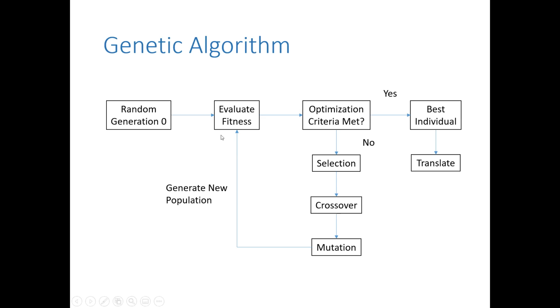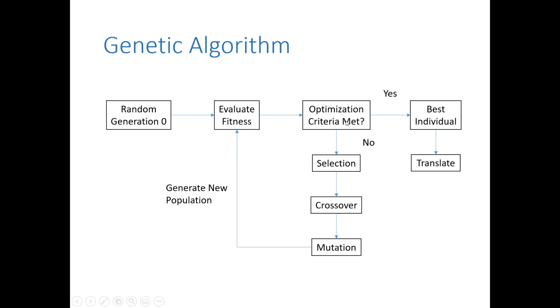We evaluate the fitness values of each individual. Here, fitness is a common term used in genetic algorithm to denote the cost value. Remember, in an optimization problem, we want to minimize a cost function. So fitness here refers to the value of the cost function.